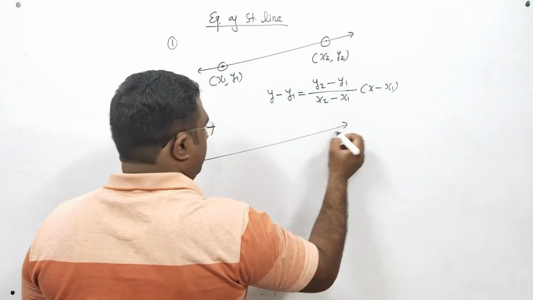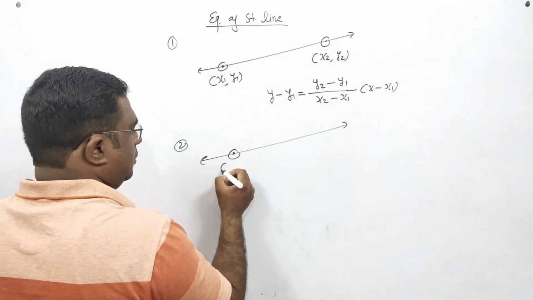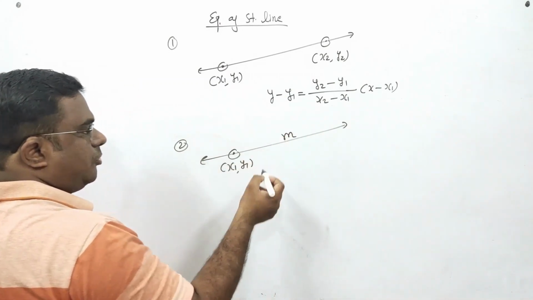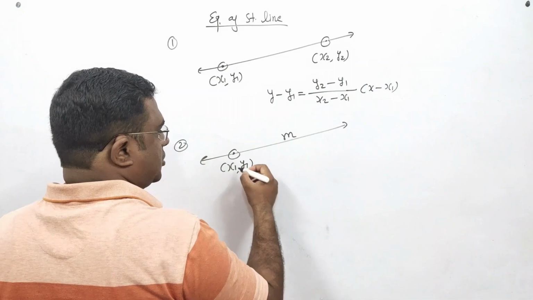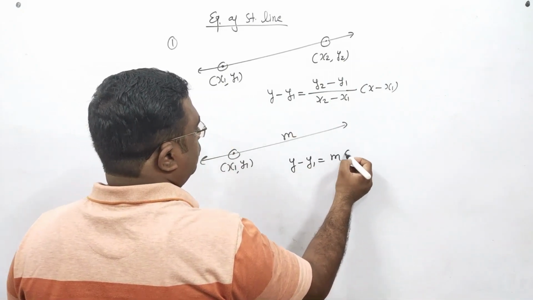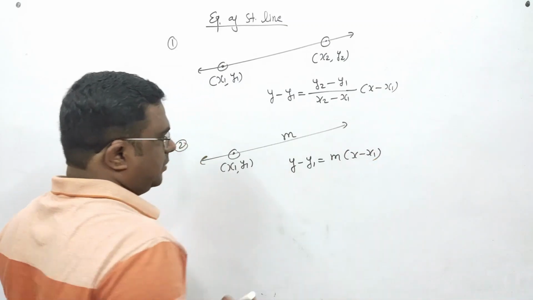Suppose you have only one point of the line and the slope of this line is given to you as m, then in this situation the equation of this line will be y minus y1 is equal to m into (x minus x1).